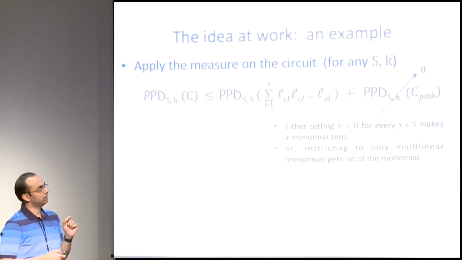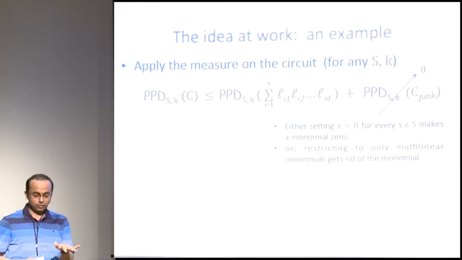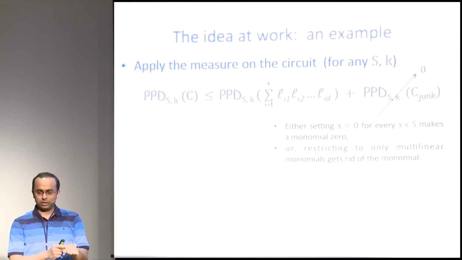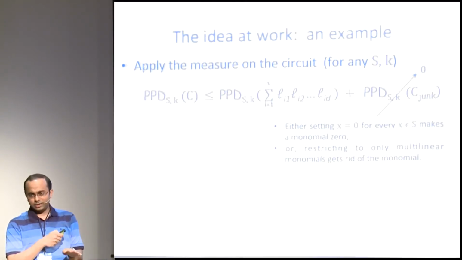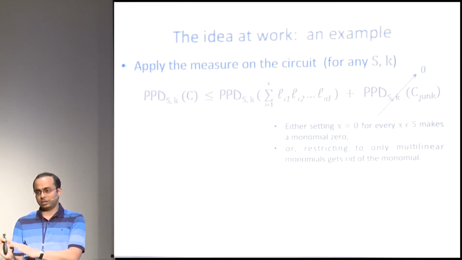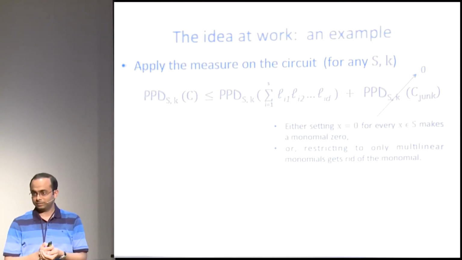Let's do the easier case first. Suppose I'm deriving with a monomial and none of these variables in the monomial is that x squared variable in the monomial in C-junc. In which case the derivative will keep x squared untouched in C-junc, but the multilinear projection will kill it off.